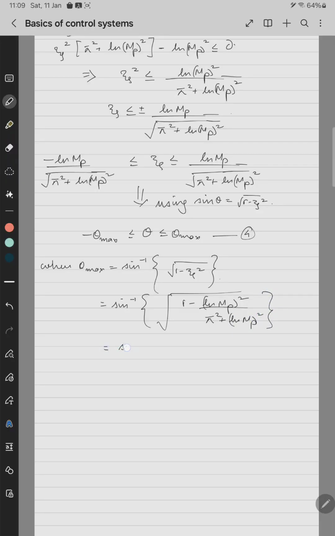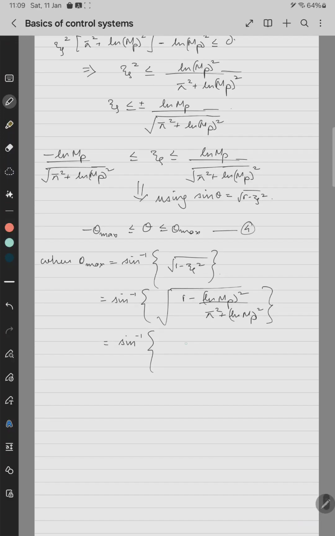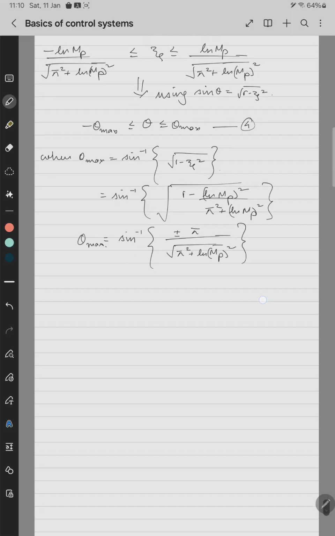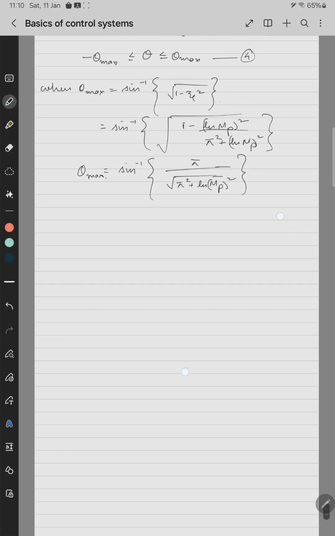So it will be sin inverse of, pi square will be there, so plus minus pi by under root of pi square plus ln of Mp whole square, theta max. Basically if you're writing plus minus theta max, then there is no need to give the plus minus sign here. So this will be the theta max.